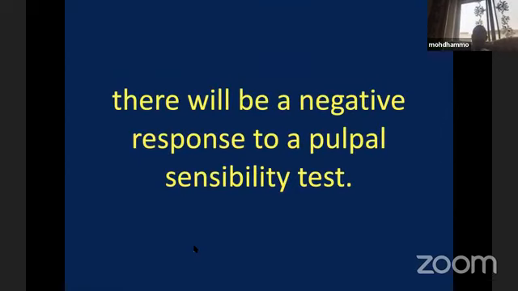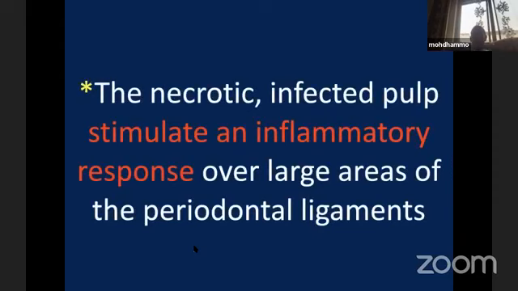Of course, when we have an avulsed and replanted tooth, the response to the vitality test is negative. Now the pulp is necrotic, and the necrotic infected pulp will stimulate an inflammatory response over a large area of the periodontal ligament.